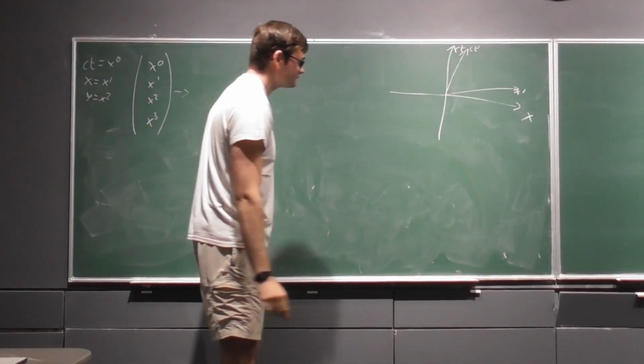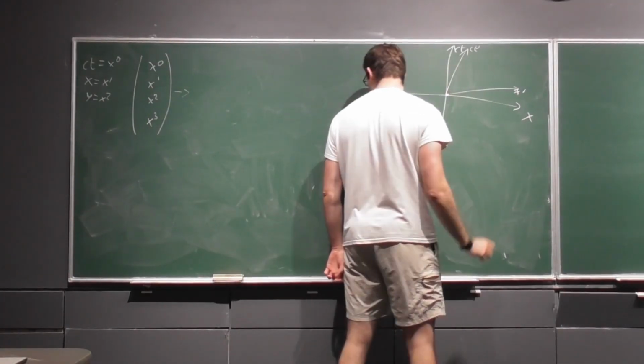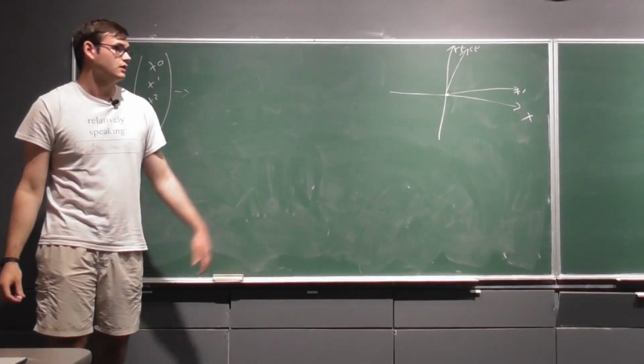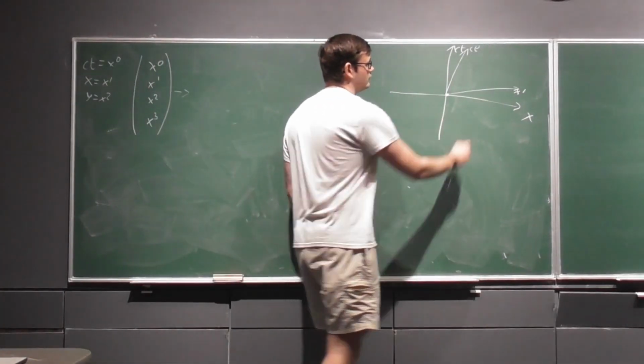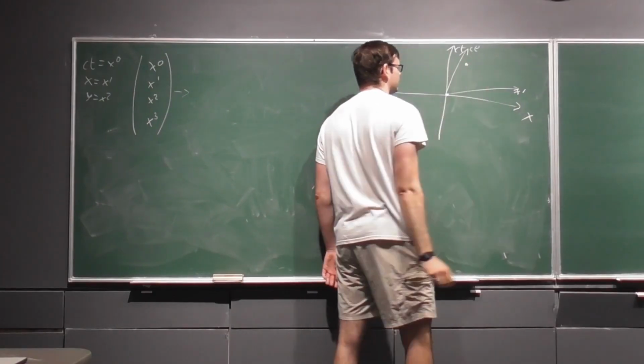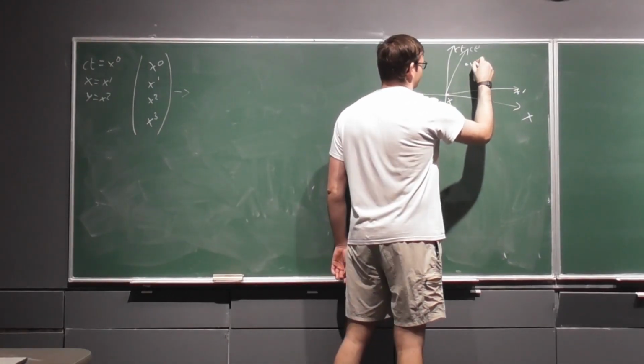Okay? So then I can ask, let's say I have 2 points. For simplicity, I'm going to make one of them the origin, which is nice and easy. And I'm going to make another one out here, right? So here's X, here's point X prime.